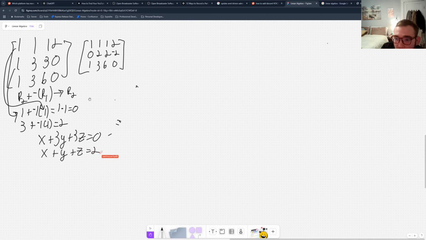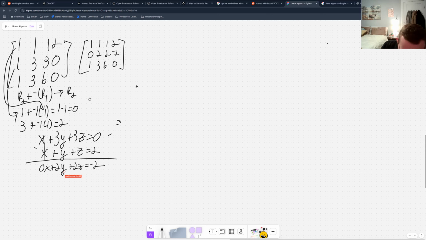Are you with me? Okay. And I told you that we could subtract or add rows, right? So we know that we can do something like this, where these cancel, and then this is 2y plus 2z equals negative 2, right? So that's how I got 2, negative 2. So 0x plus 2y plus 2z equals negative 2. Okay, that's where this came from.